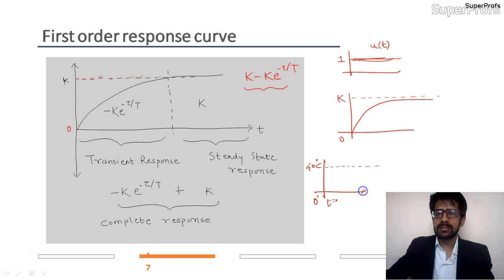It has to take some time to reach 40. But a water heater is a first order system which will follow this type of curve to reach 40 degrees Celsius.